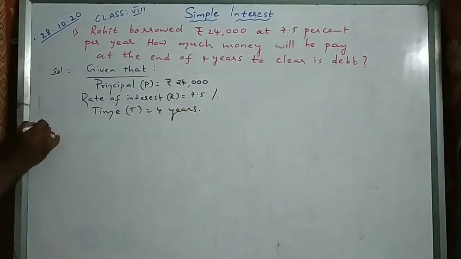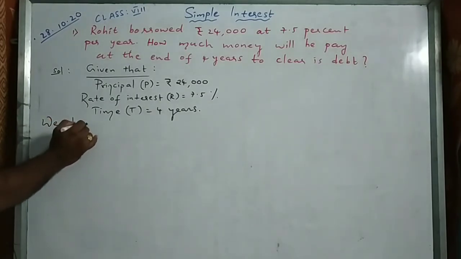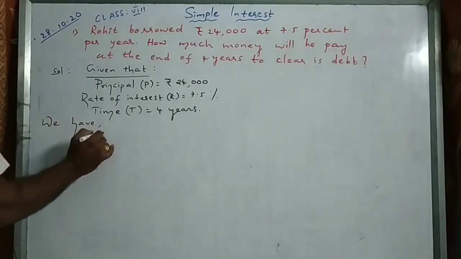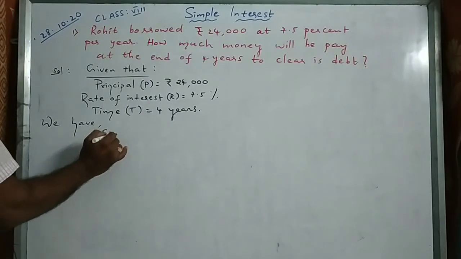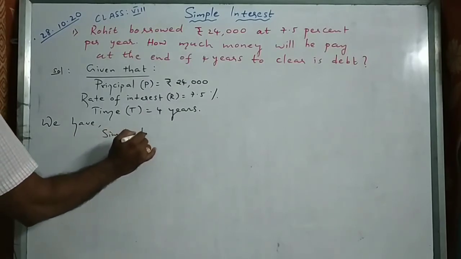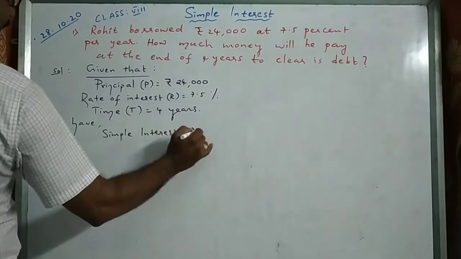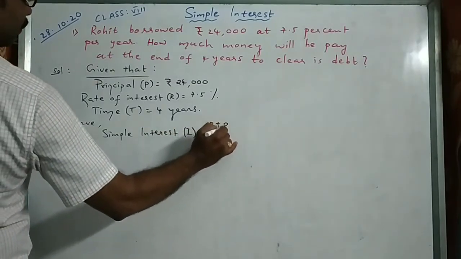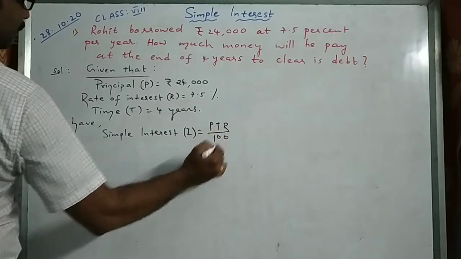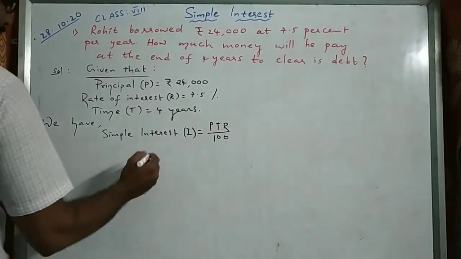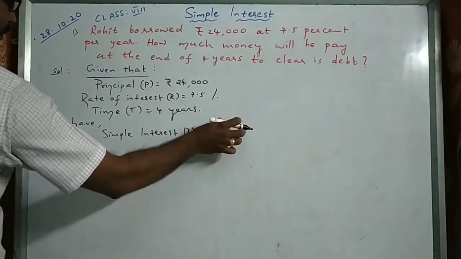Can you find the simple interest first? We have simple interest, or interest simply. I is equal to, what is our formula? PTR by 100.